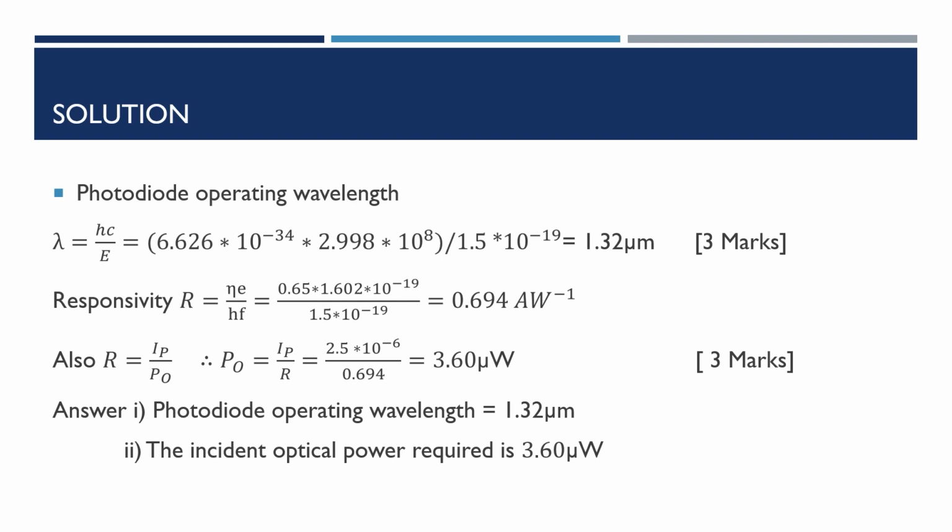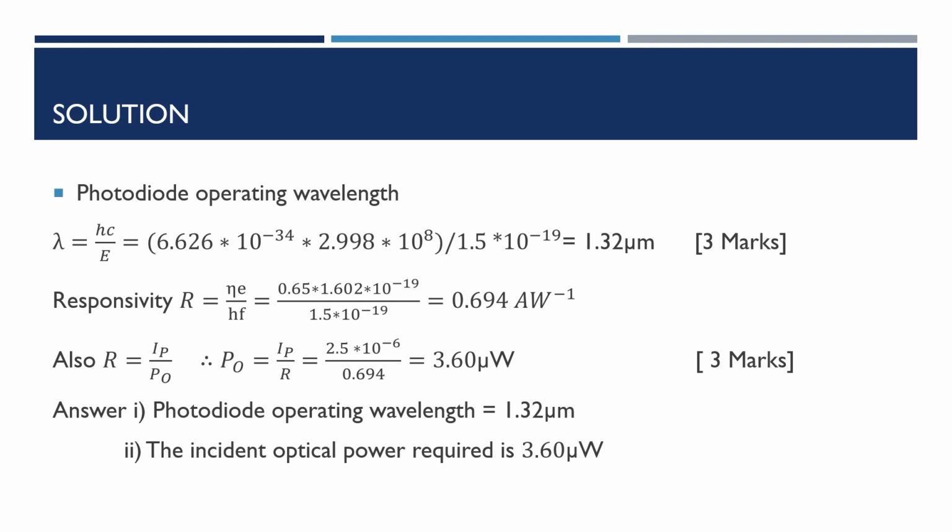Now next is the responsivity of the silicon photodiode, which is a measure of sensitivity to light, where quantum efficiency is the conversion efficiency of photons to electrons of the detector for a given wavelength, and q is the electron charge, f is the frequency of the optical signal, h is the Planck constant.